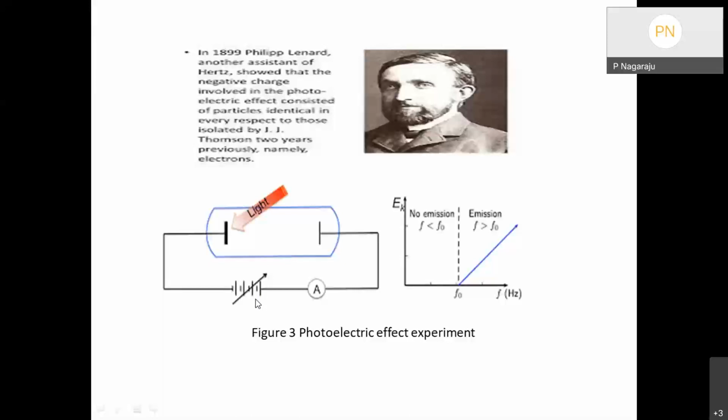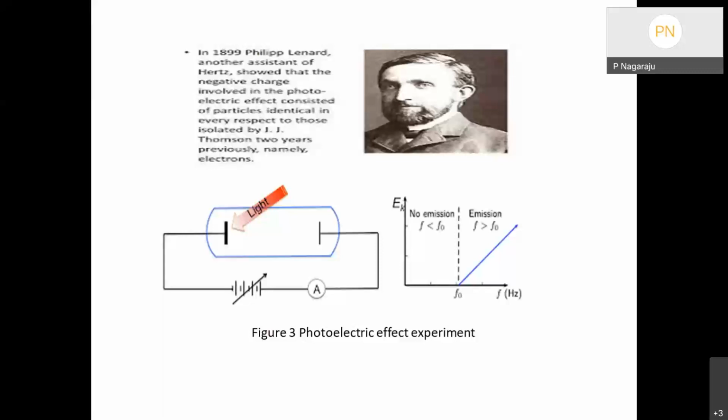In this experimental setup, normally the commutator is provided, but in the diagram which I am showing you, the commutator is not shown. Here on the left side, the photocathode, which is a thick plate, may be made up of any alkali metal.